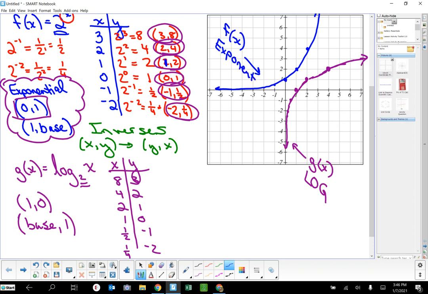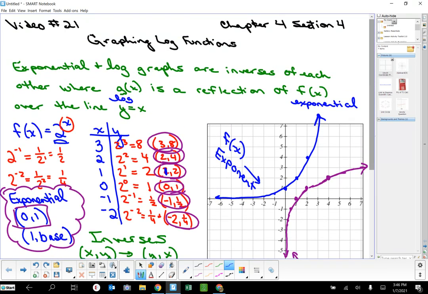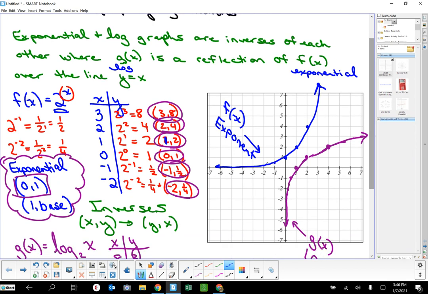And then there's a statement up here in the notes, let me go back to it, that said g of x at the bottom is a reflection of f of x over the line y equals x.